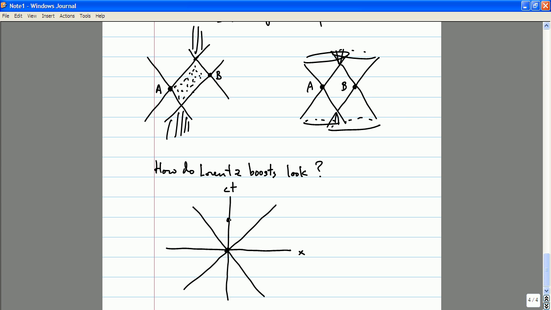So let's then ask, let's say that I have an event which takes place at x equals 0 and t greater than 0. Say that point that I've drawn on the vertical axis of this diagram. What if I did a Lorentz boost, a Lorentz transformation? How would the values of the coordinates x and t change? Well, what do you know about a Lorentz transformation? You know that a Lorentz transformation preserves the invariant interval delta s squared.